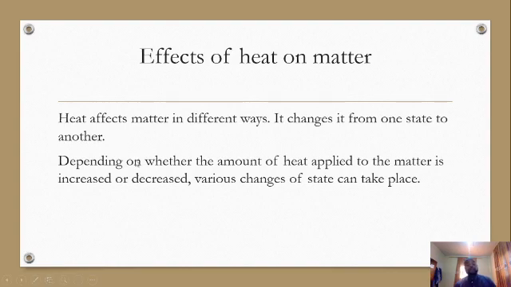Depending on whether the amount of heat applied to the matter is increased or decreased, various changes of state can take place. If you give some more heat, it will change in certain ways. If you take away some heat or decrease the heat you give, like freezing, it will also change in certain ways, right?